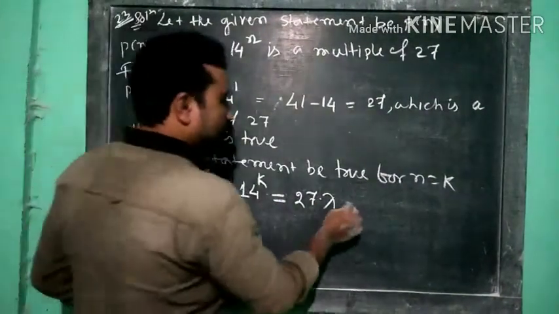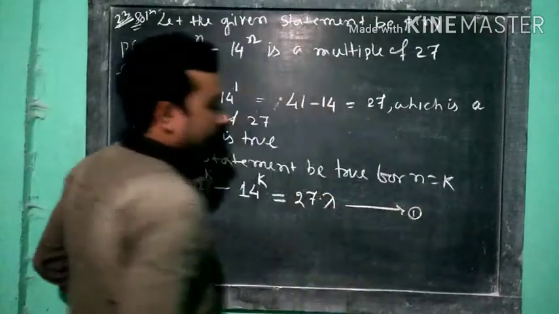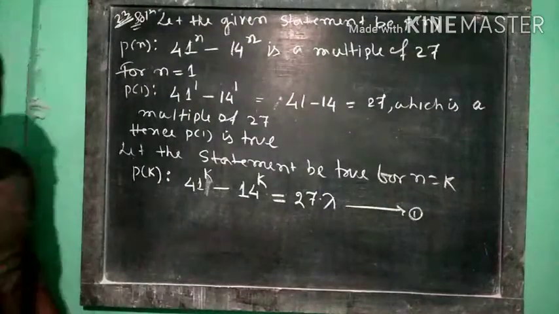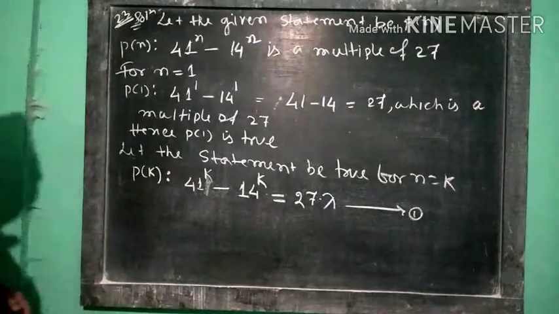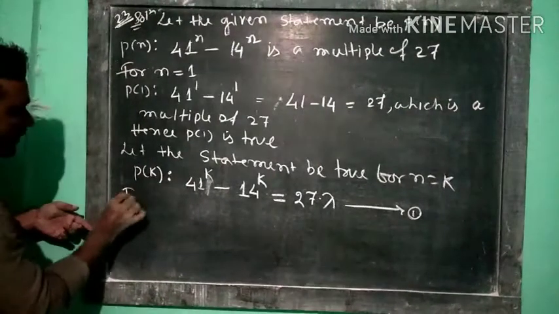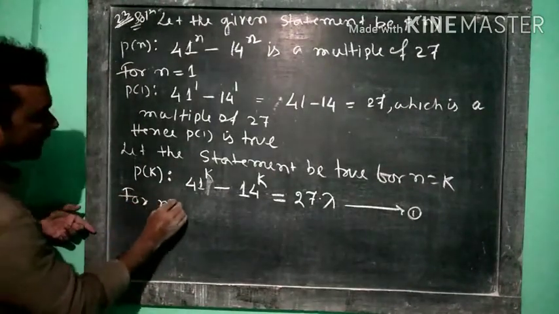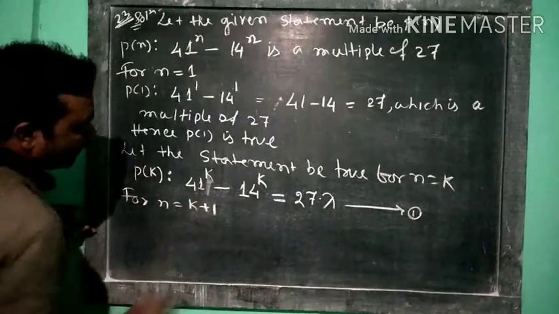Suppose this is equation number 1. I have written equation number 1 because it may be needed later. For step number 3, we will do for n equal to k plus 1.